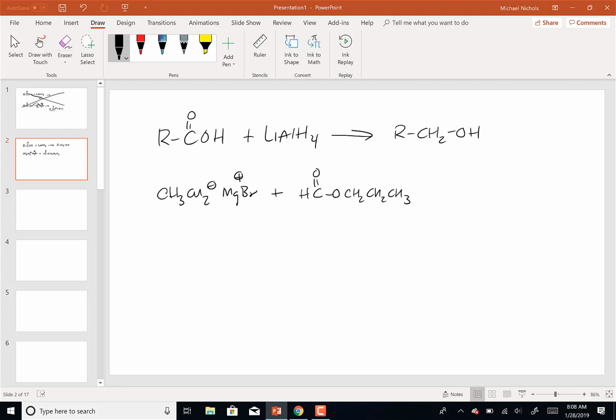And so I can tell you that I've left out the propanol as the product. But what's going to happen here is that the minus is going to come in and attack the carbonyl. And I'm going to form an O minus. And so I'm going to form that product.